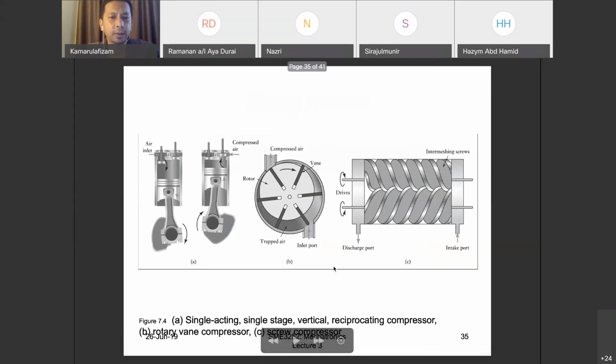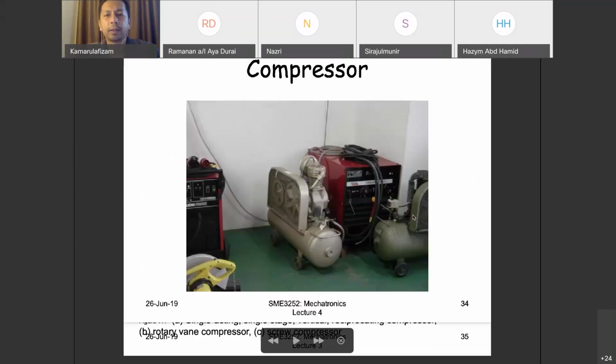Okay. So these are the compressor punya air compression punya method. Yang A ni adalah macam piston punya compressor, B pun macam tadi juga hydraulic ada vane punya pump, and then yang C ni adalah screw type. Okay, benda ni semua ni akan jumpa dalam ni lah.